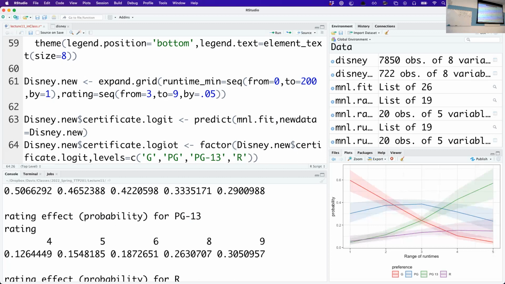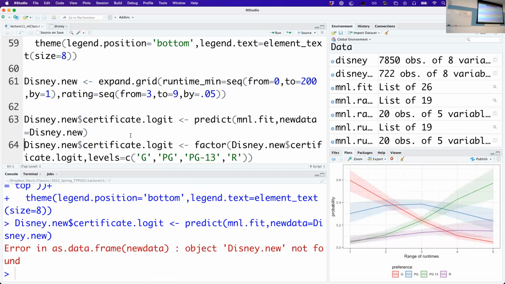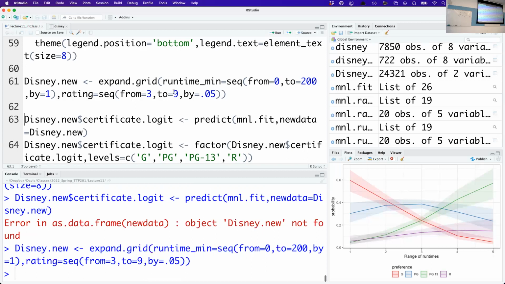This second part, all I'm doing is making a factor here. Okay. Oops. Run that.